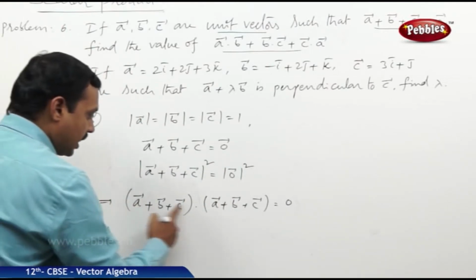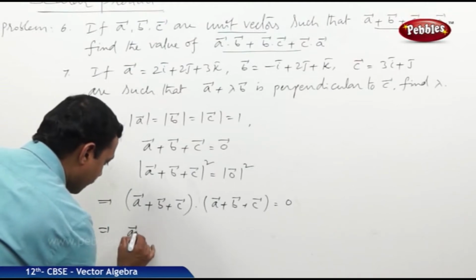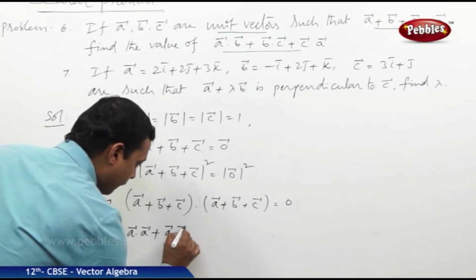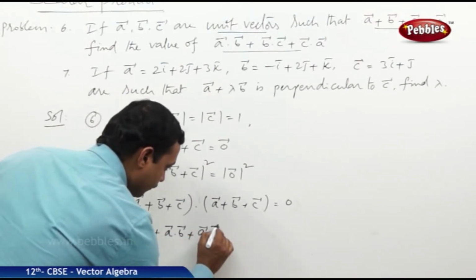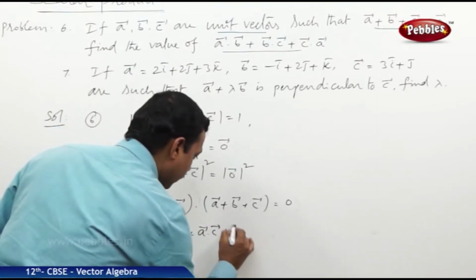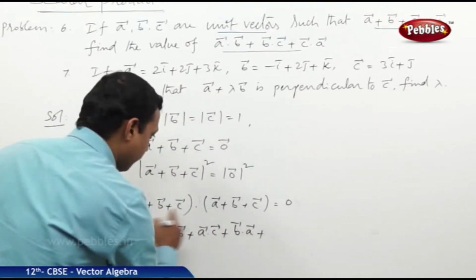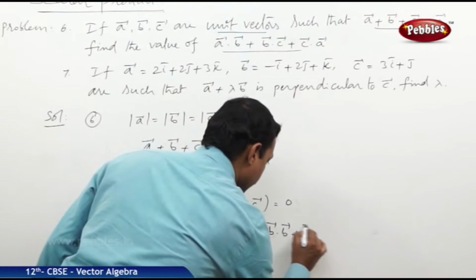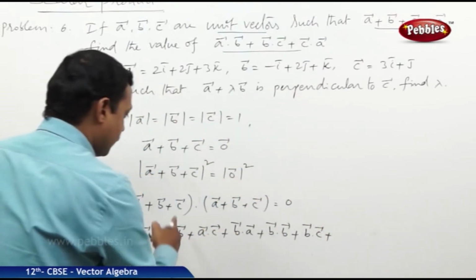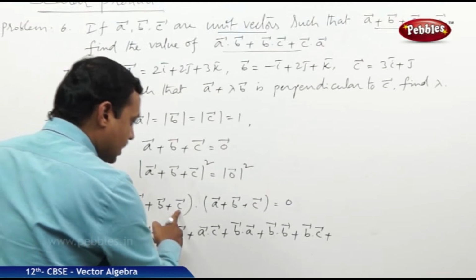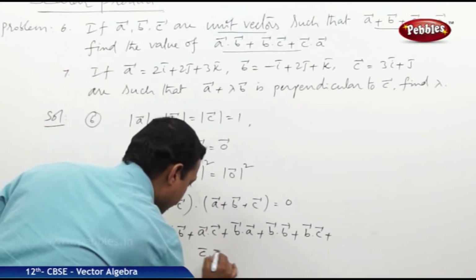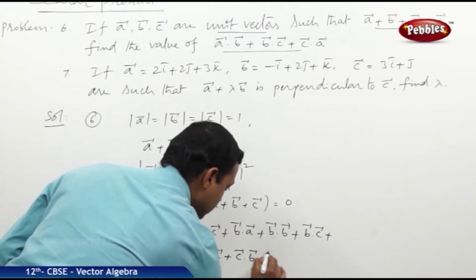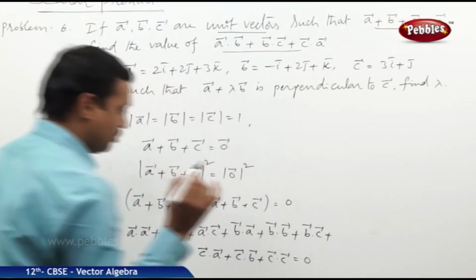Now on this multiplication it is A dot A plus A dot B plus A dot C plus B dot A plus B dot B plus B dot C plus, now apply the distributive property, C dot A plus C dot B plus C dot C is equal to 0.